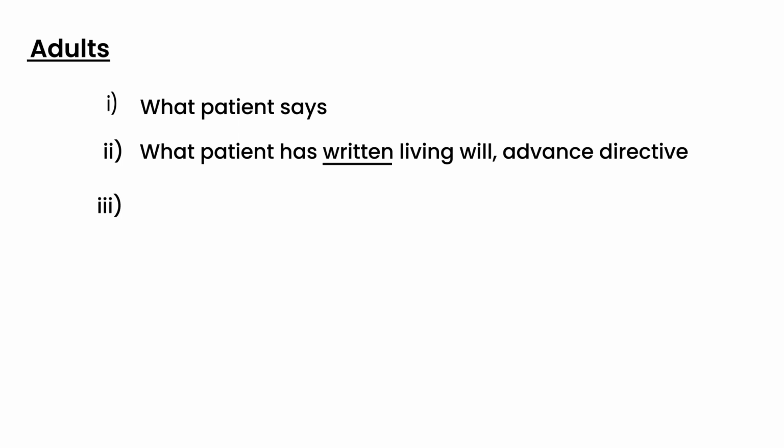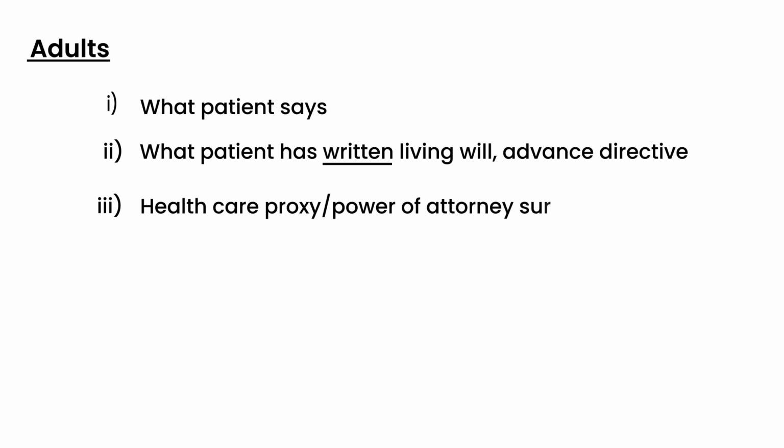Now, what if the patient doesn't fit the first two categories? Patient is unable to communicate, and the patient doesn't have anything written, there's no documents. Then what you do is you ask the person who has been appointed as the healthcare proxy. And there's different terms. Sometimes it's referred to as power of attorney, healthcare power of attorney. Sometimes it's referred to as a surrogate.